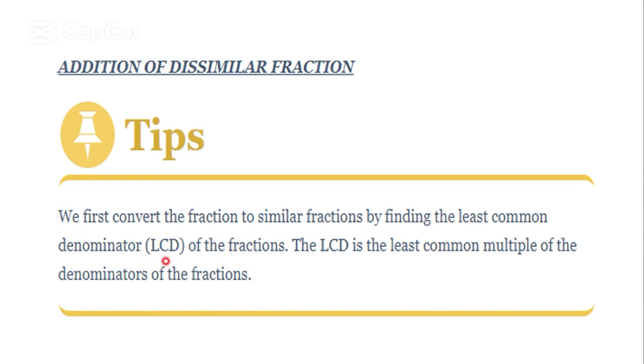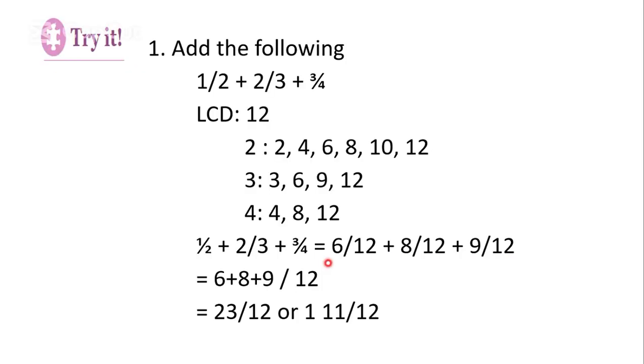And by doing it, we need to list the multiples of our denominators. And afterwards, find the common multiples and choose the least common multiple, that will become our LCD. Understood?